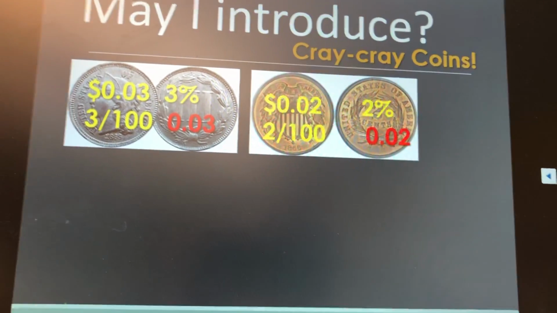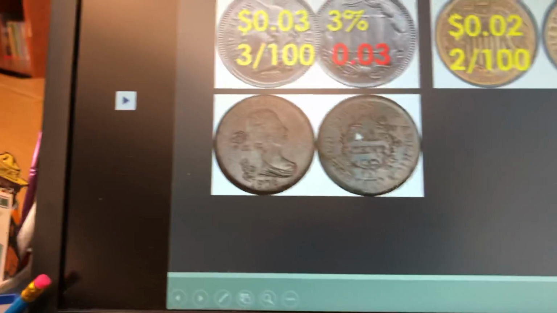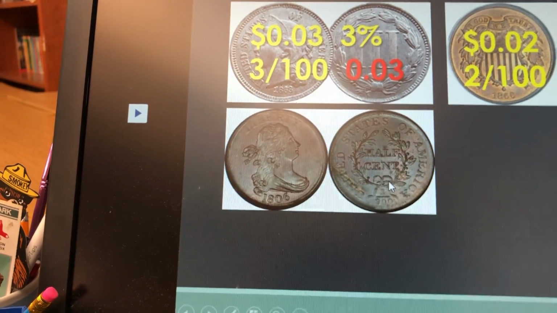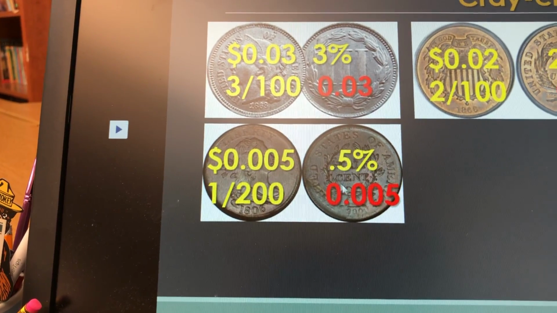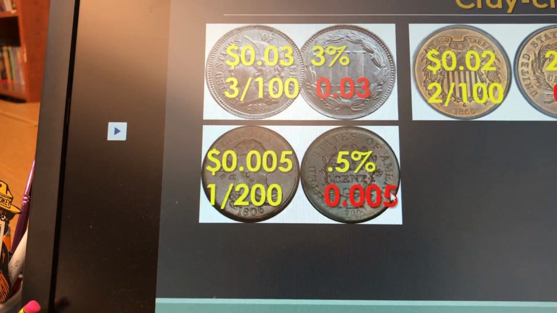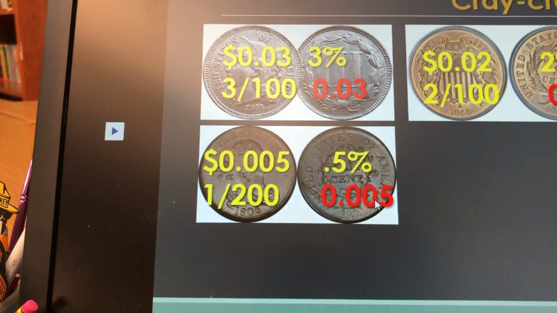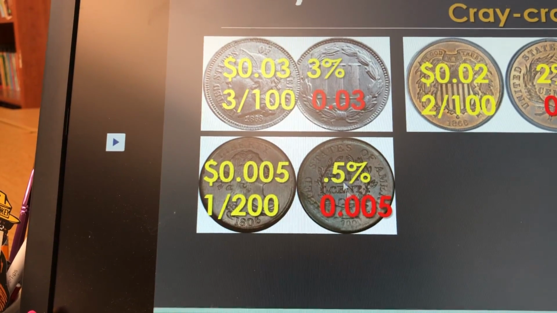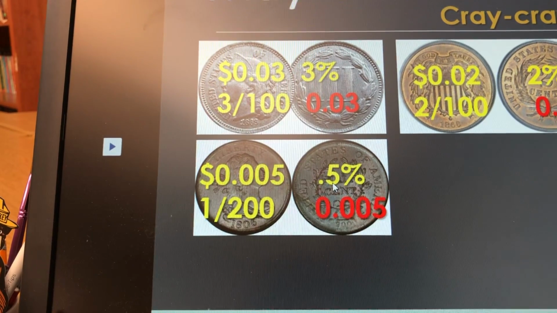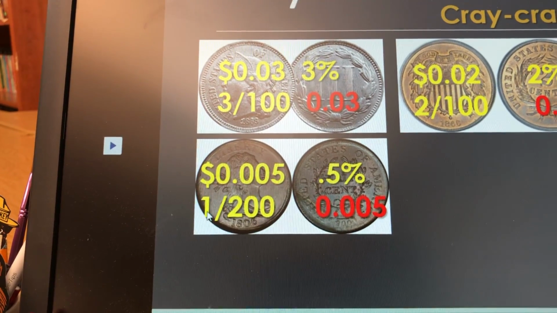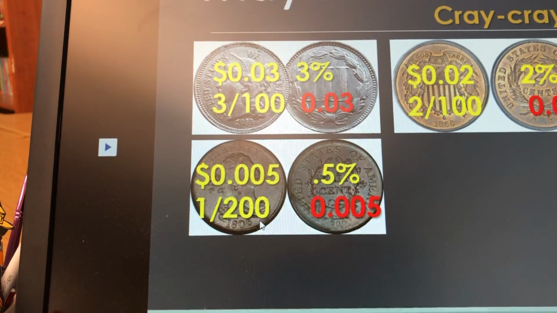Here it is. A half cent. Notice that. It's 5 thousandths of a dollar. It's 5/10ths of a percent. It's 1/200th.